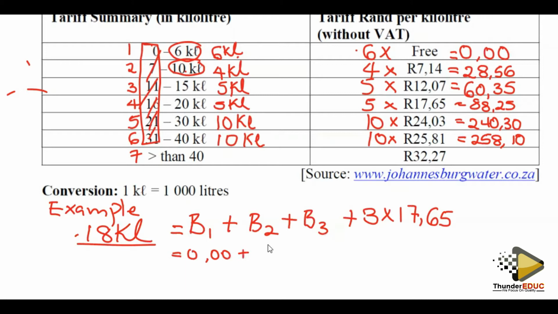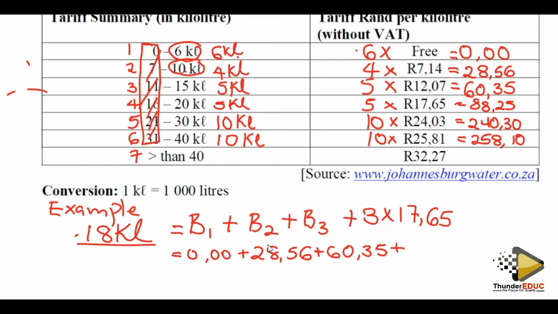So if he has used bracket number 1, he's going to pay nothing. If he has used bracket number 2, you see the amount that is already shown up there. He's going to pay 28.56 plus bracket number 3. Bracket number 3, if you use it fully, when I say fully, it's when they've used all the kiloliters. Remember, you got the maximum kiloliters for each bracket.